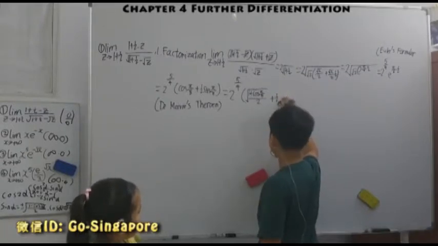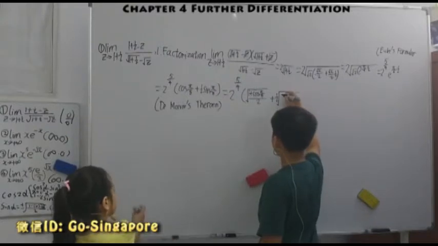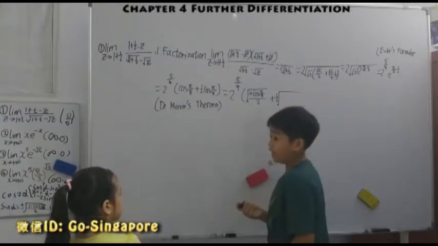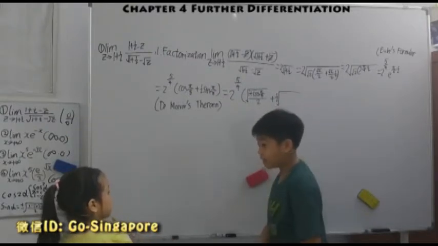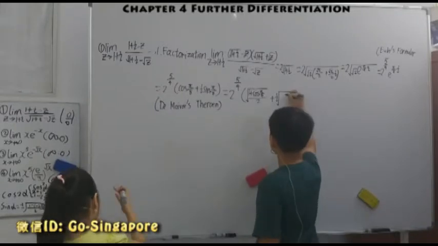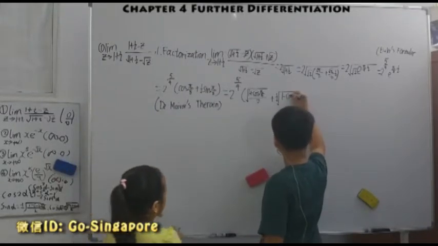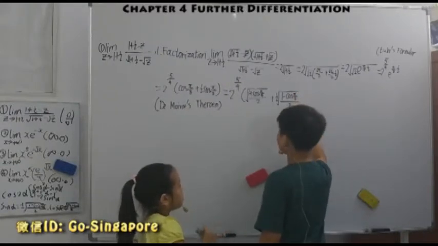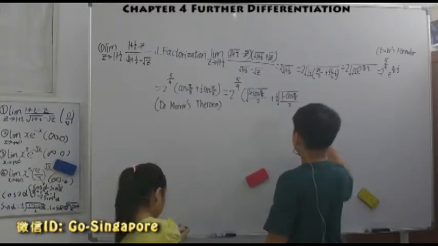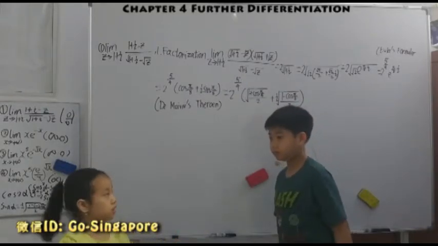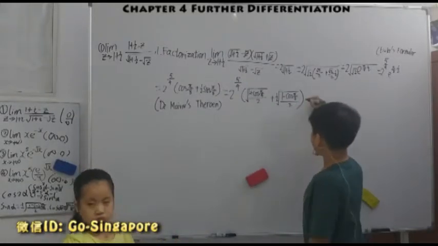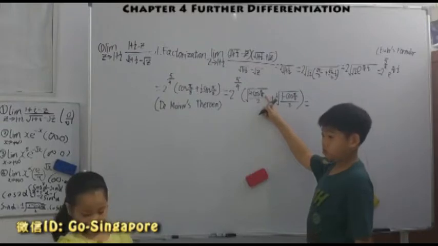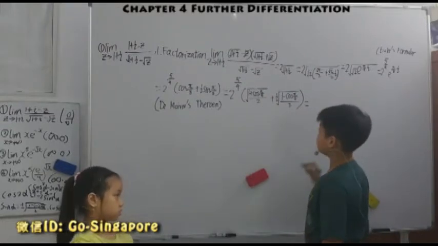Plus, square root. But this is not the i root, okay? It's i times the square root 1 minus cosine pi over 4 over 2. So, in a bracket, right? Yes. For this is the square root 2 over 2. Am I right?